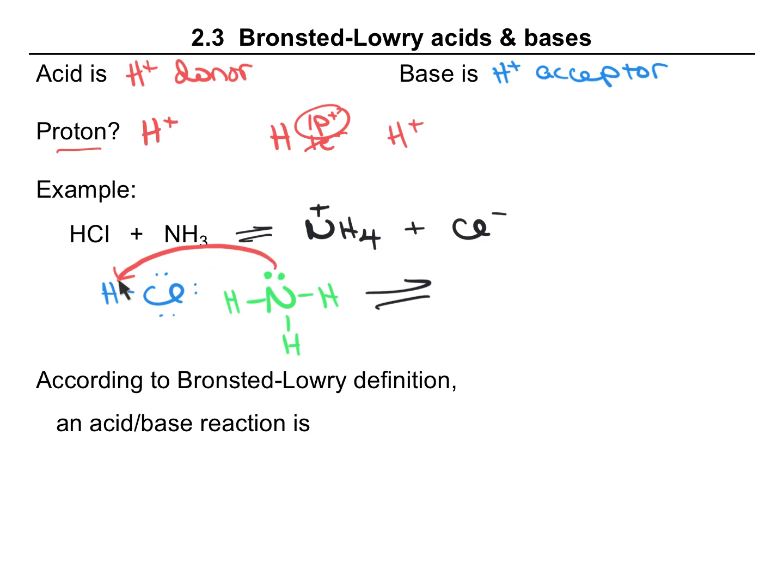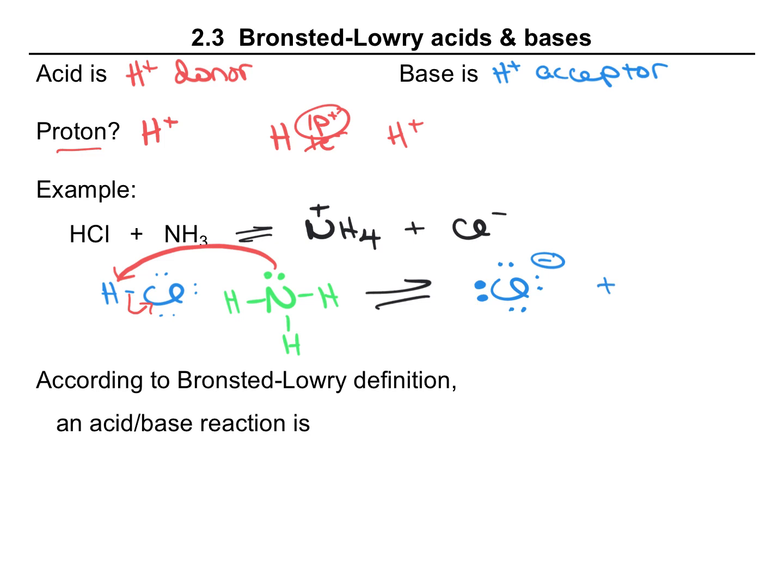So this arrow says that there's a new bond forming between the nitrogen and the hydrogen, and at the same time, this pair of electrons is moving onto the chlorine. So what we have left is the chlorine. These are the 3 lone pairs that were already there. This is a new lone pair that used to be this shared pair, and so chlorine now has a negative formal charge.